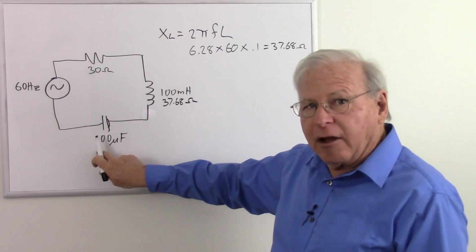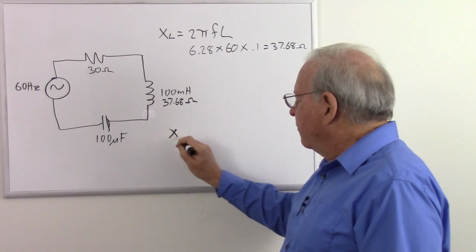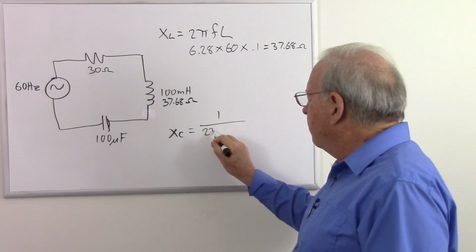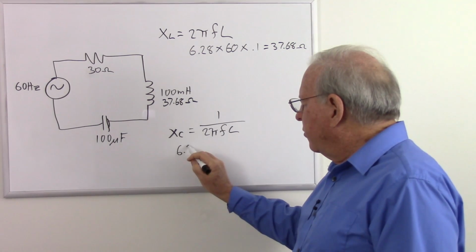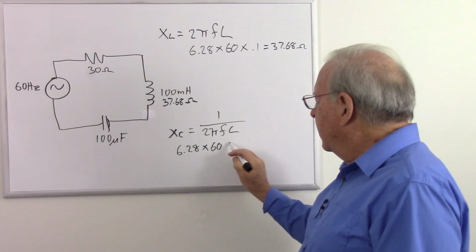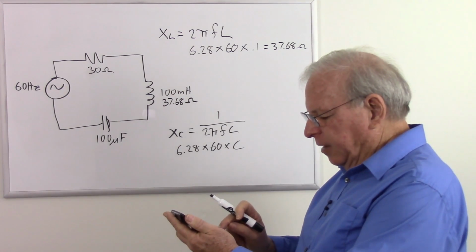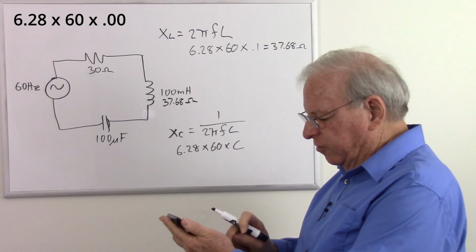Now we need to calculate the capacitive reactance, which is equal to 1 over 2 pi Fc. So that's going to be 6.28 times the frequency, 60, times the capacitance. So that's going to be 6.28 times 60 times 0.0001.